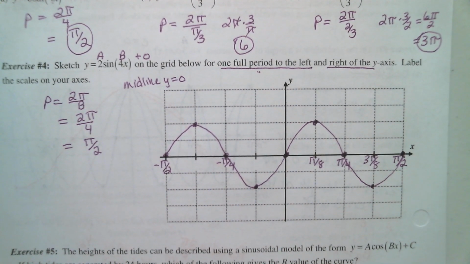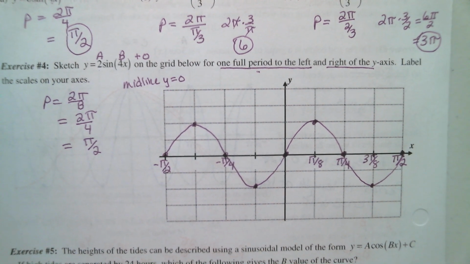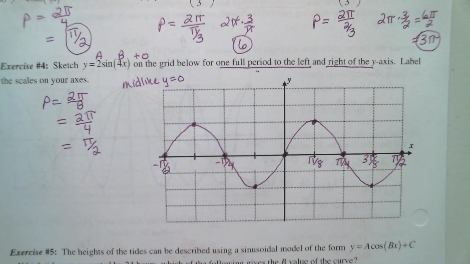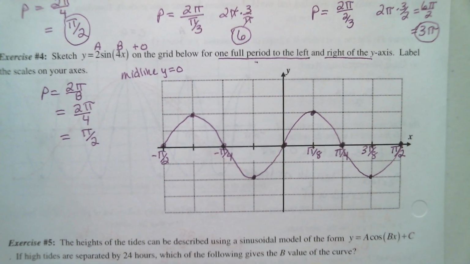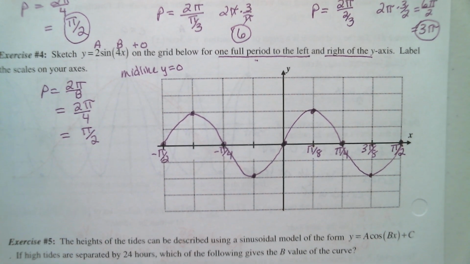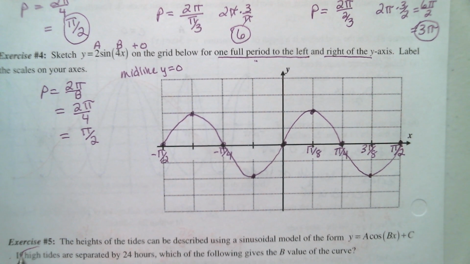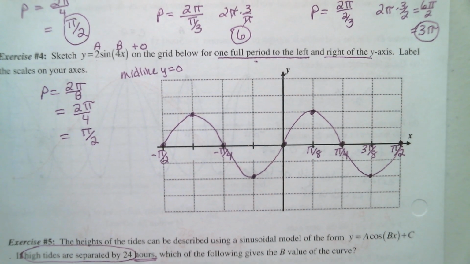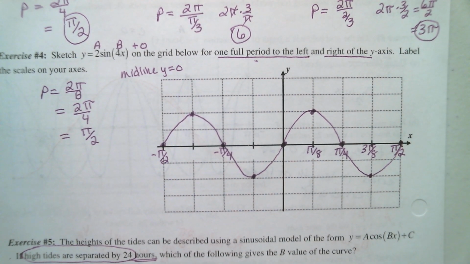Exercise number 5. The heights of the tides can be described using a sinusoidal model of the form y equals a cosine bx plus c. If high tides are separated by 24 hours, which of the following gives the b value of the curve?